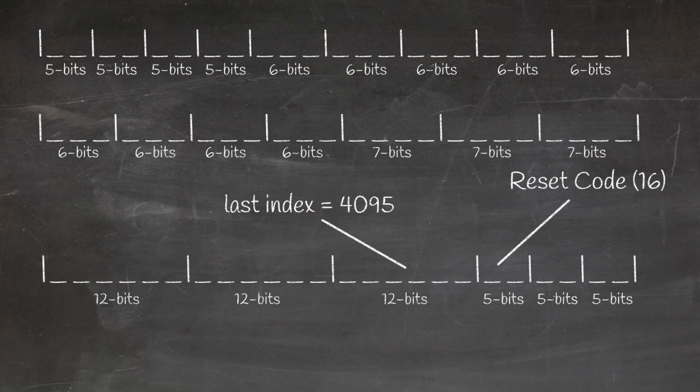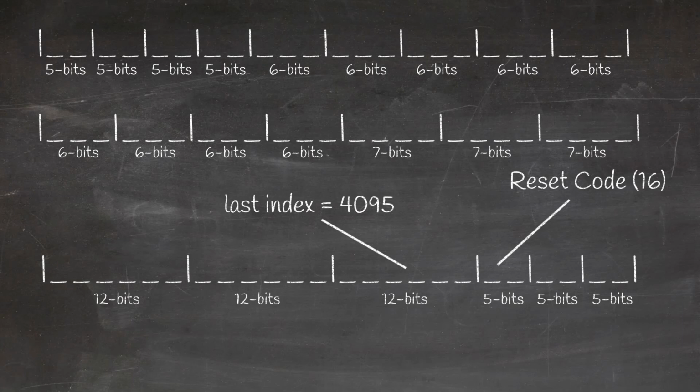So we have to agree on a code, something that when you see it in the output stream, it's a command for the decompressor to stop and reset the table and start over again from the initial size, which was 4 bits or 5 bits in our case. And this index is neither an index in the table nor data. It's some arbitrary number that we should not use for data and we should not use as an index.